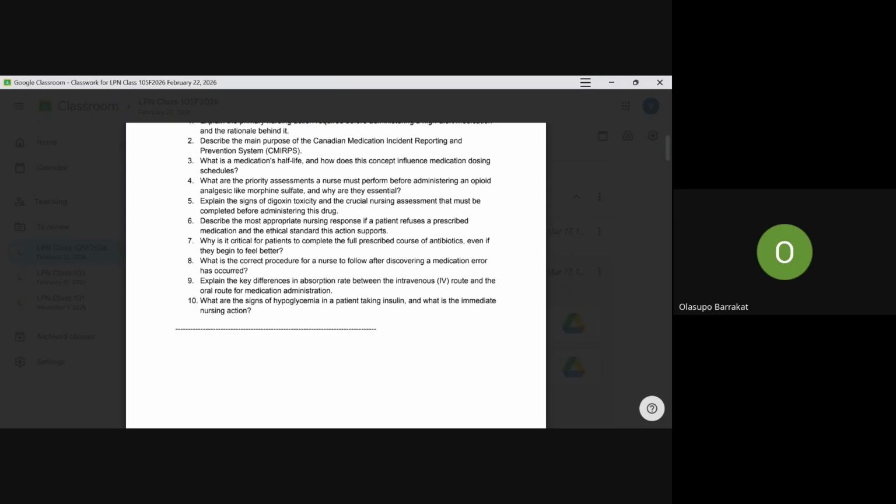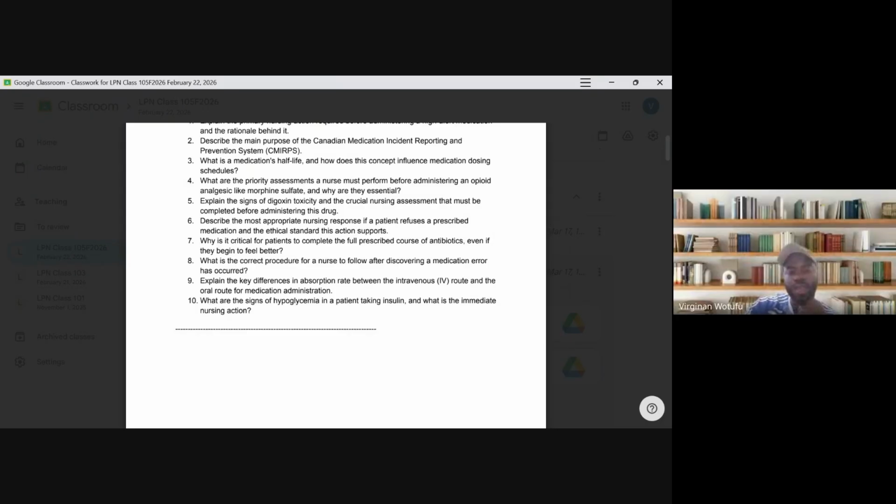So now let's look at question 9. It states, explain the key differences in absorption rate between IV route and the oral route.